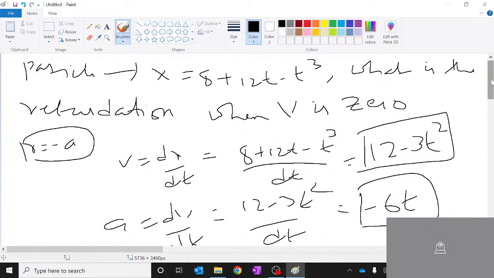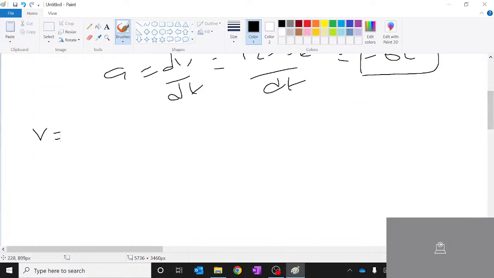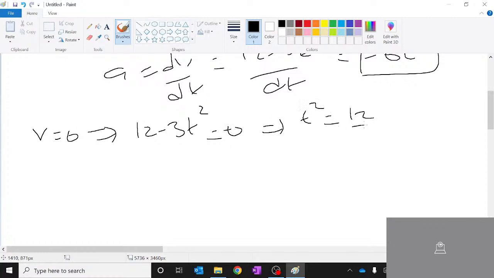Now that means the only dependency to find out the retardation is time. So you have to get the time at what point when velocity is 0. Correct? When velocity is 0, v is 0, that means 12 minus 3t square is 0. So therefore t square is nothing but 12 by 3, which is 4, therefore time is 2.